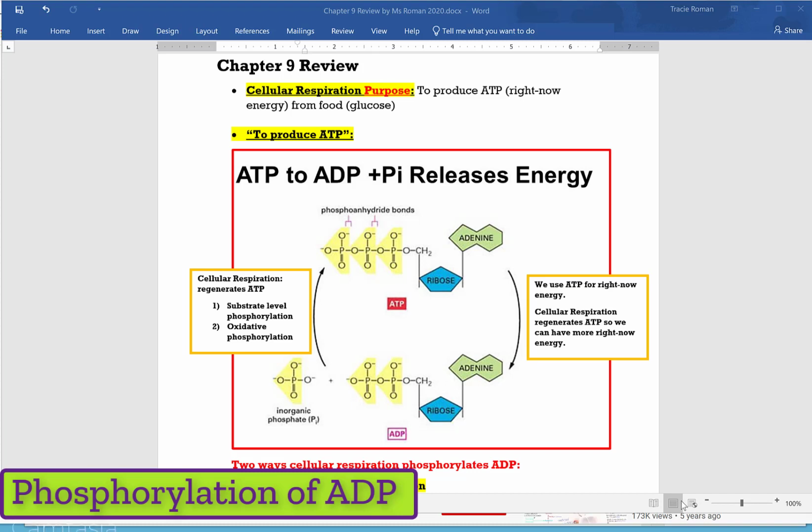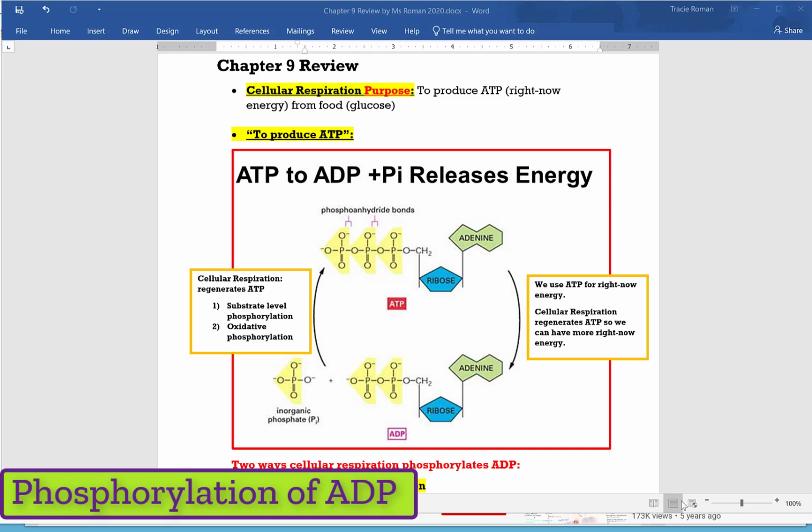A phosphate group will be removed from ATP, and then that phosphate group will bind to a molecule in a reaction, and then it helps move things along to get that reaction to have enough energy to get over the activation energy and the energy of the transition state that we talked about in Chapter 8.